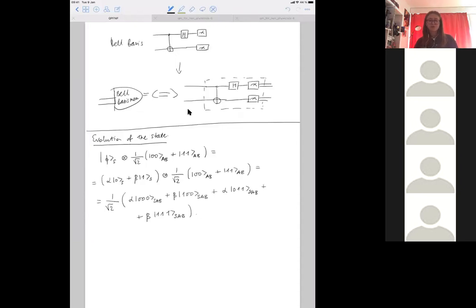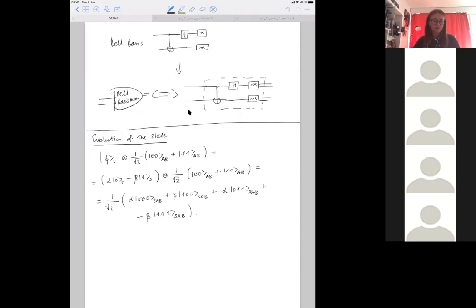And then Alice measures S and A in the Bell basis. We already understood what it means to measure in the Bell basis operationally, but for this here, we don't actually need to know that explicitly. And then there are different results that you can get, right?